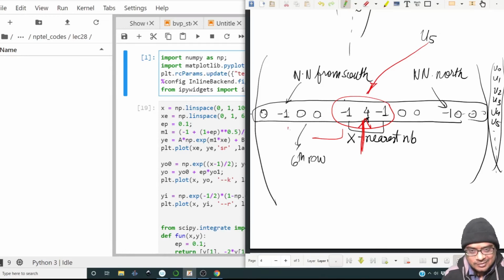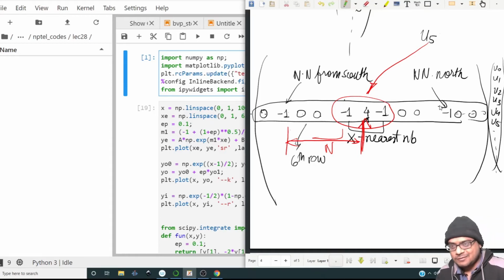So the nearest neighbors from the north and south will have a shift of n, where n is the number of grid points. All right, so with this in mind, let us start programming, and as we go in the program, we will discuss various aspects of it.